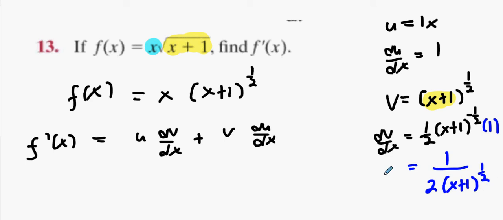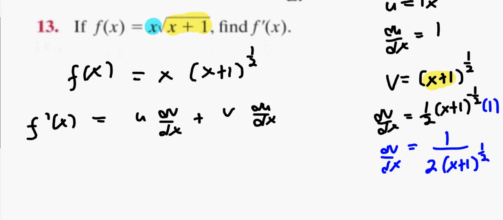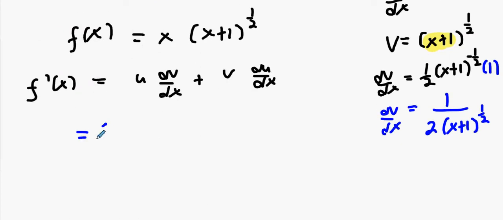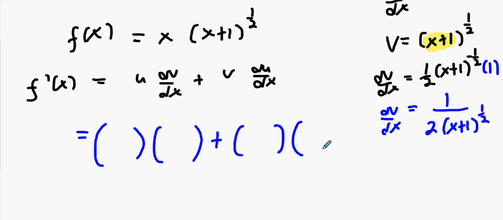So, for the dv/dx. Okay, now I have to put it all together. And for most of you that have done a couple of these already, the product rule is 4 different parts.